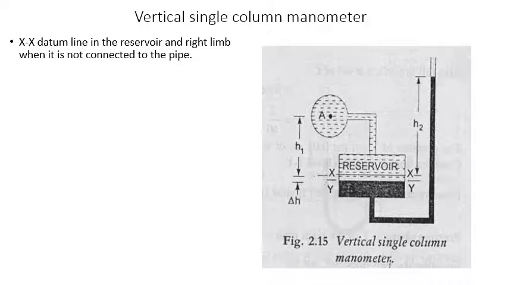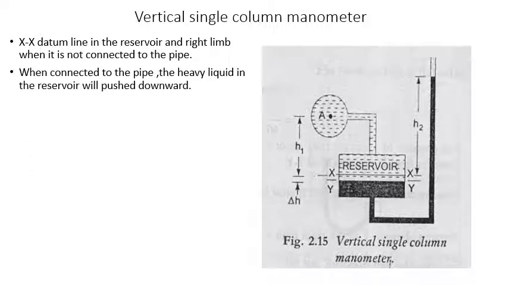When it is connected to the pipe, the heavy liquid in the reservoir will be pushed downward because of the higher pressure at point A. So now we can observe the change in level of liquid in the reservoir for the height of delta h. h2 indicates the rise of heavy liquid in the right limb.